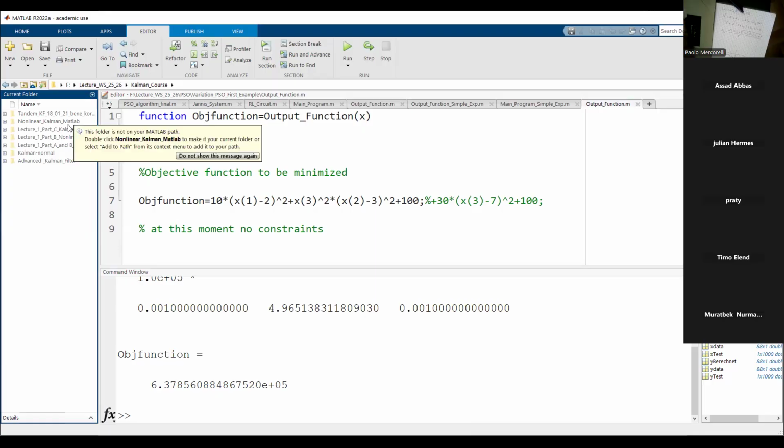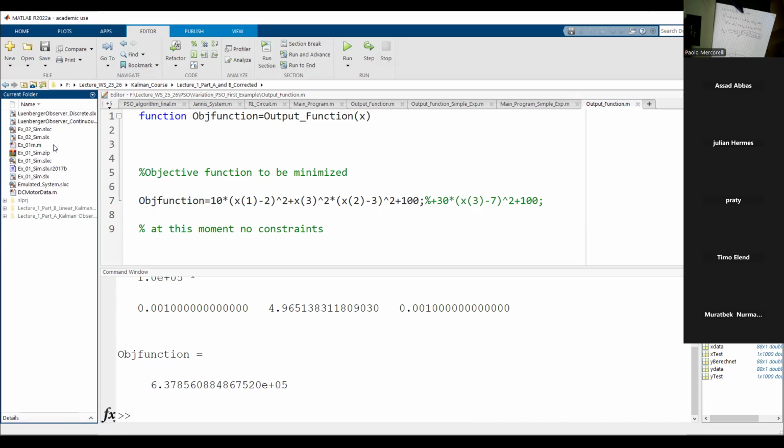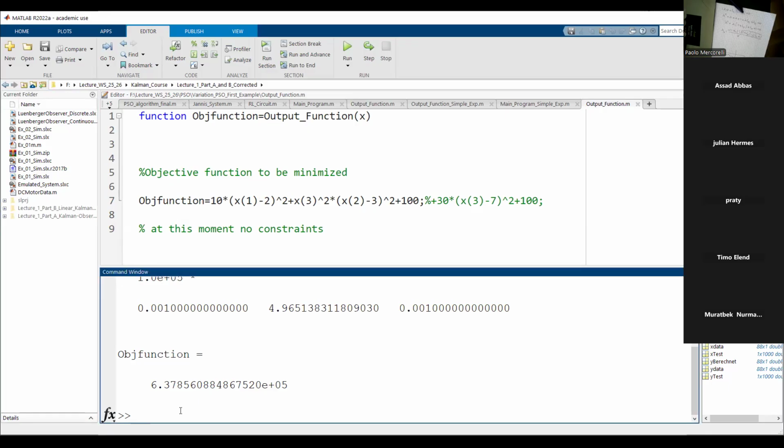About MATLAB, I told you last time, for the students who don't know MATLAB, I will repeat very quickly. Last time I told you that here in the middle we have the command window. To open MATLAB, you have to click twice on the icon.